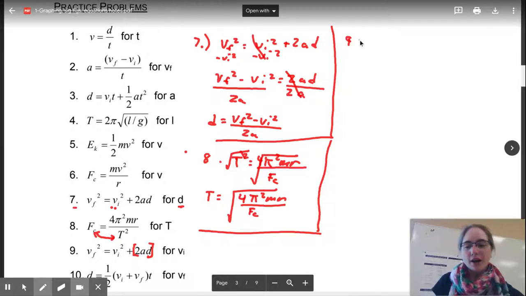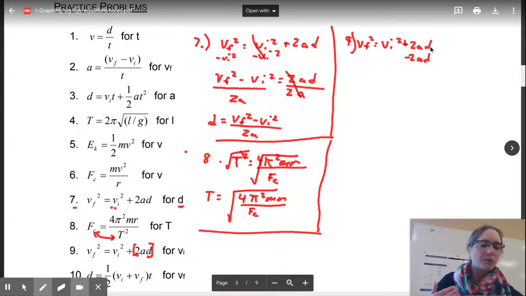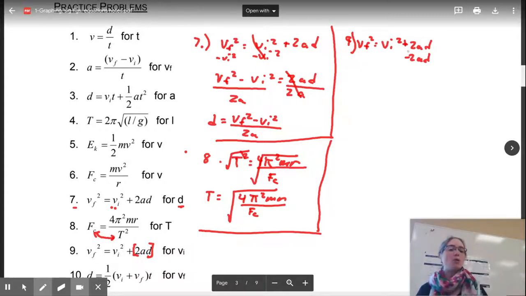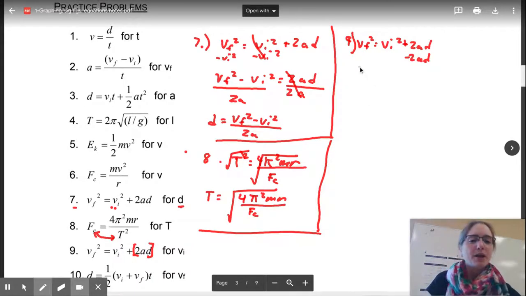With number 9, we have VF squared is equal to VI squared plus 2AD. I am going to subtract 2AD from both sides. The 2AD must stay together. You can't break them apart. You can't take away just the 2. You have to take the whole thing together. So we are then going to have VF squared minus 2AD, which is going to give us VI squared.